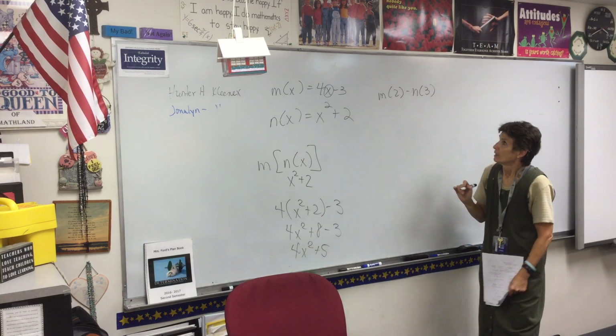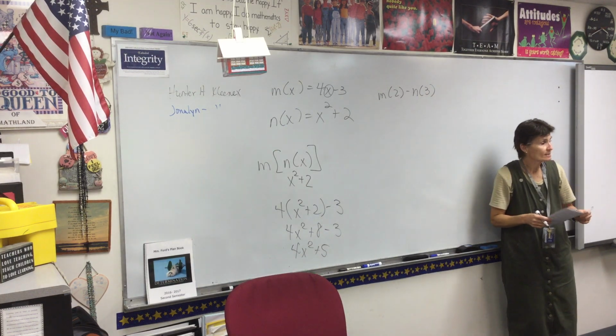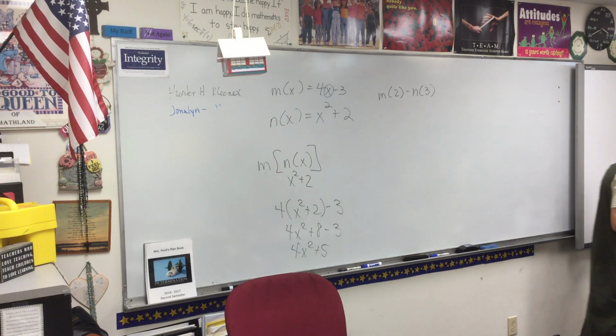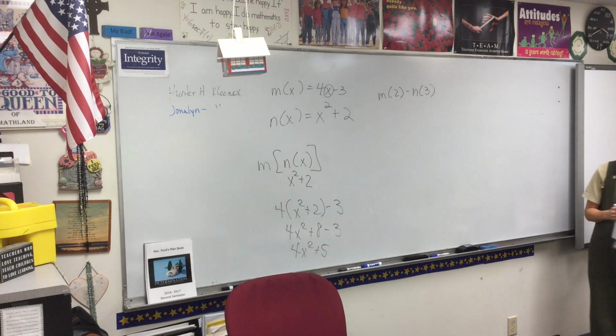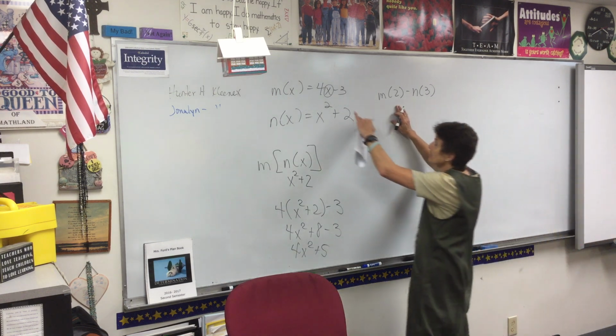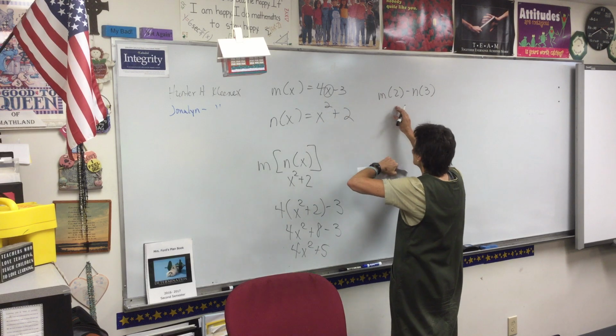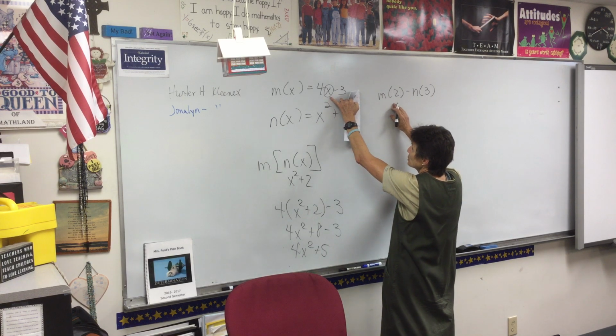Okay. All right, now the second one says m of 2 minus n of 3. Don't be confused. It's a 2-step problem. We'll start by doing what? Plugging in 2 for m. Putting 2 in here. So m of 2 is what? If I put 2 in there, I get 8 minus 3.